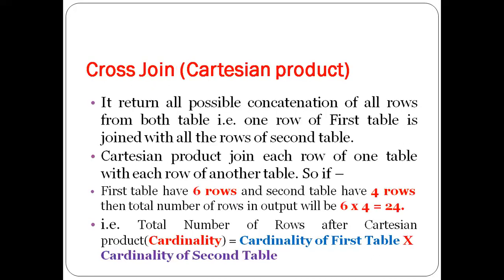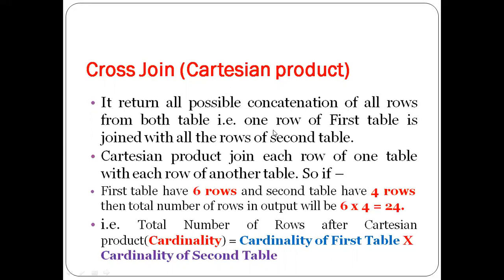So here, cross join or Cartesian product returns all the possible combinations of rows from both tables. One row from one table is joined with each row of the other table.